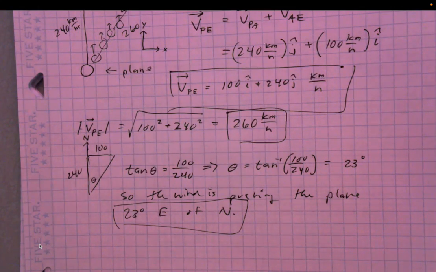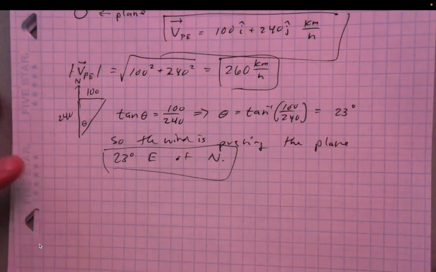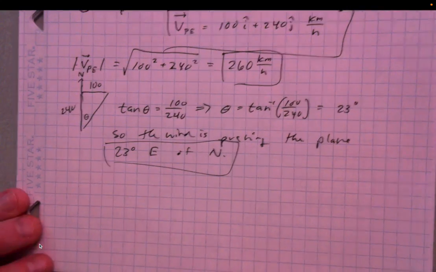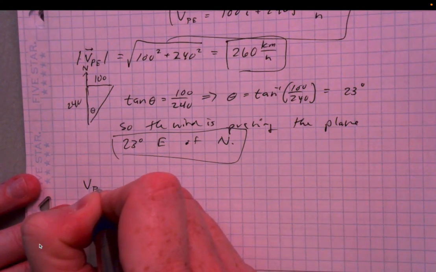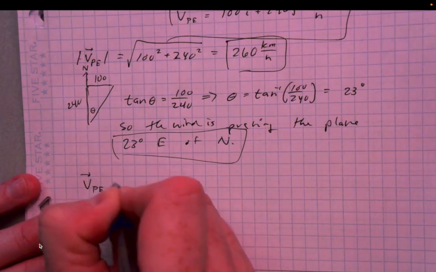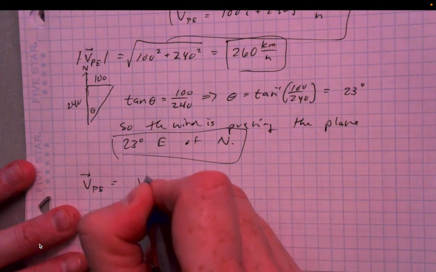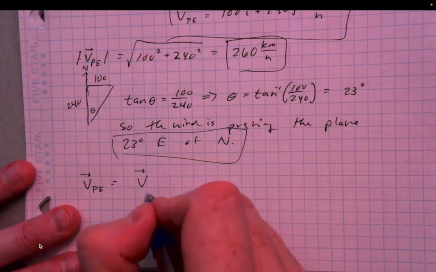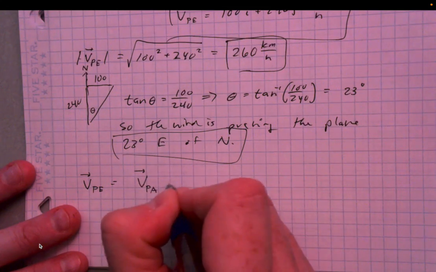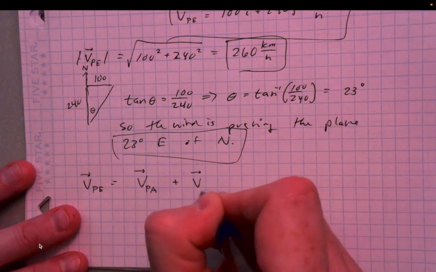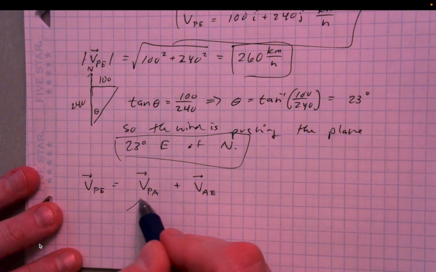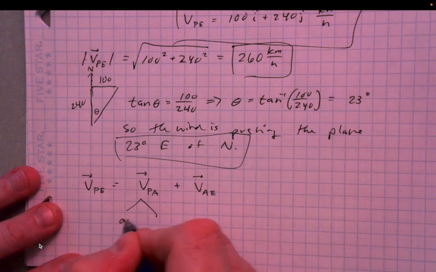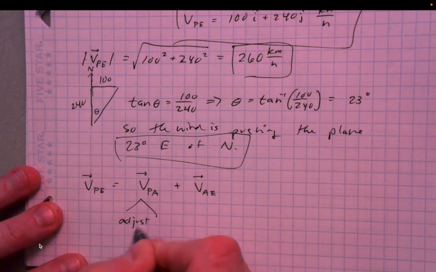So what we really need to do is adjust this velocity vector and make it into a function of theta. Given that the velocity of the plane relative to the Earth is equal to the velocity of the plane relative to the air plus the velocity of the air relative to the Earth, this piece here needs to be adjusted.